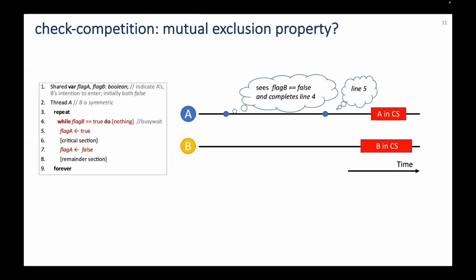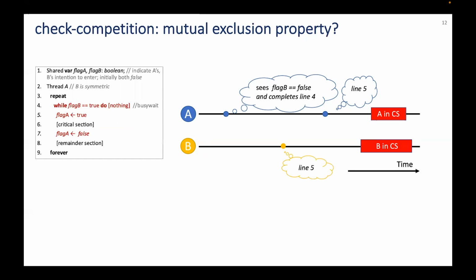Now we are at a critical point. In our example, if we assume B sets its flag to true before A sees flagB value is false, then it means in between these two events, B completes its critical section. Otherwise, A cannot see flagB being false.